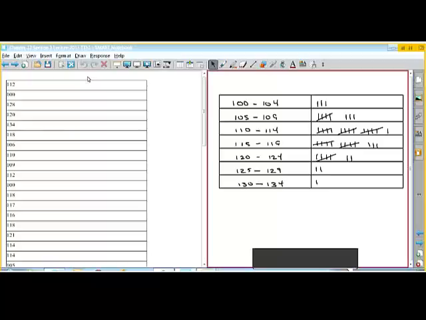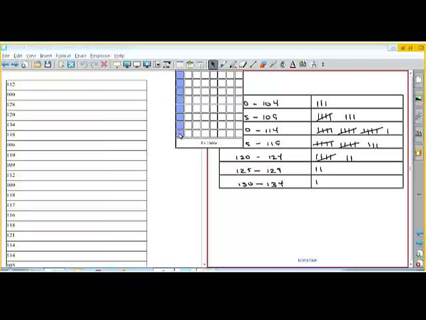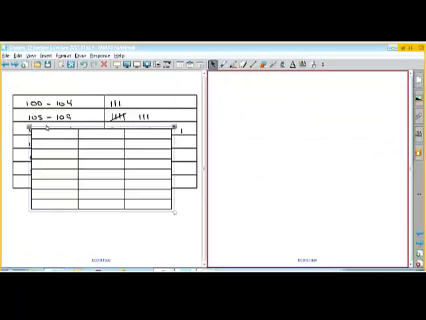And then the frequency distribution would look something like, let's see, I need 8 rows, and I'm going to do 3 columns, and I'm going to put this on the next page.